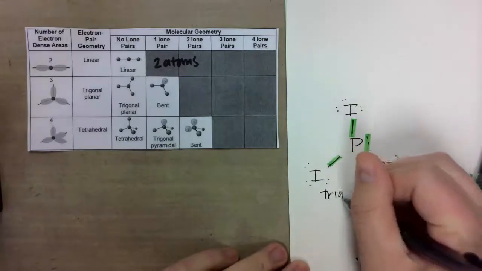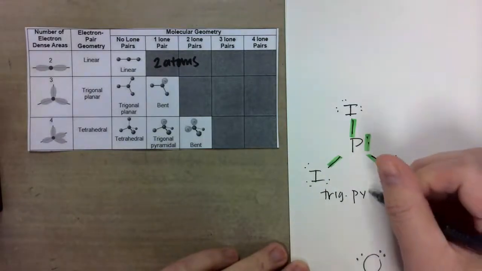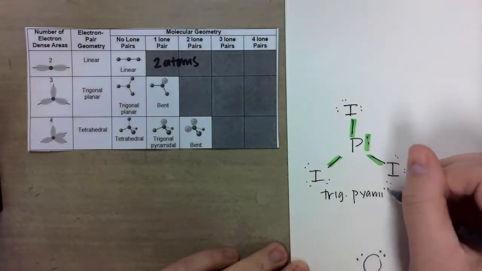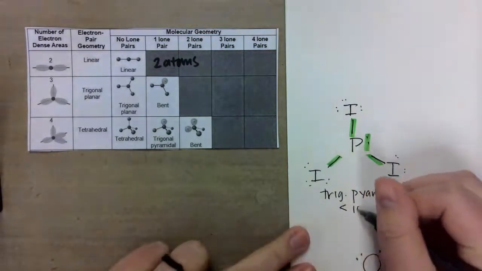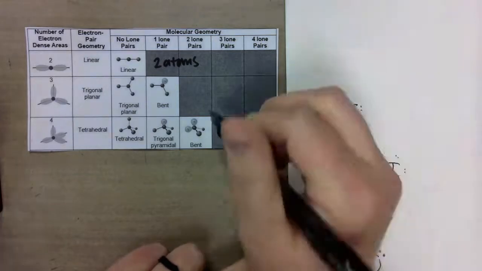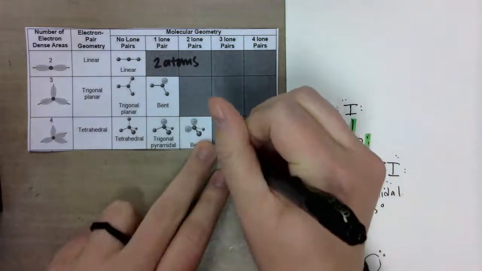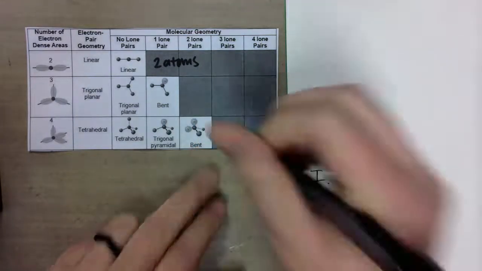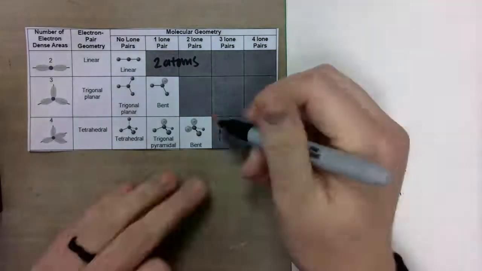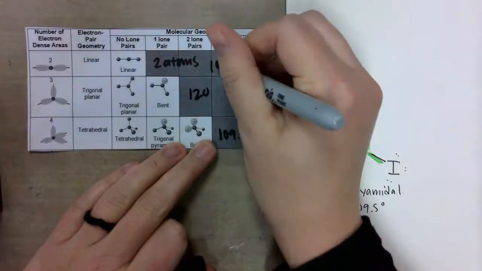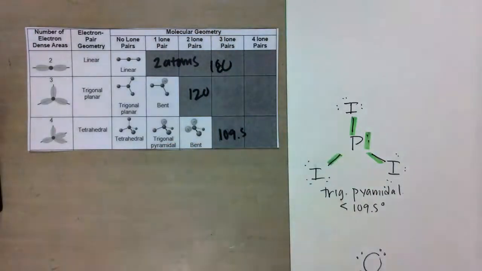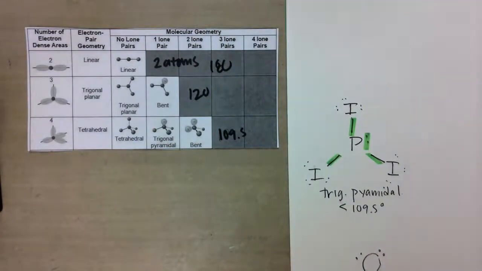And I'm just going to put trig pyramidal to save a little time. And my bond angle on this is going to be less than 109.5. Okay. All right, so that is that.